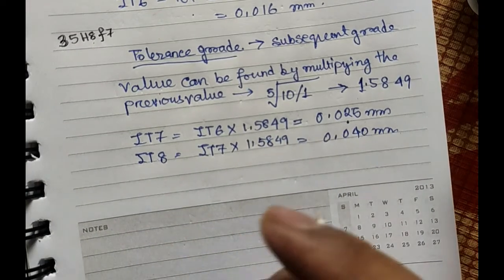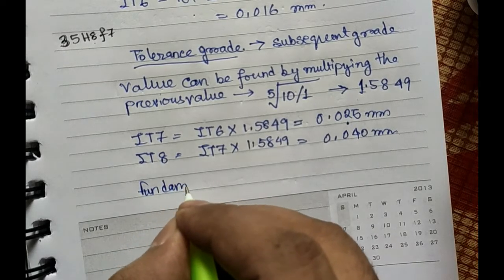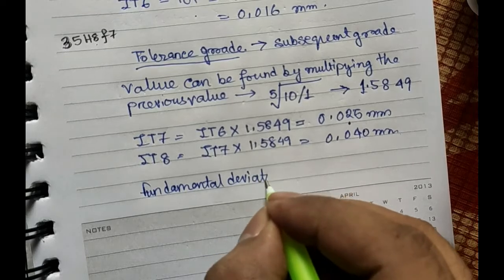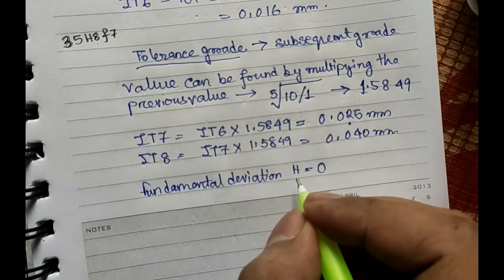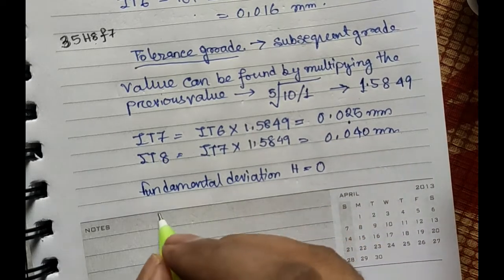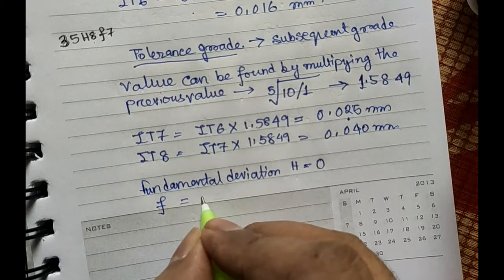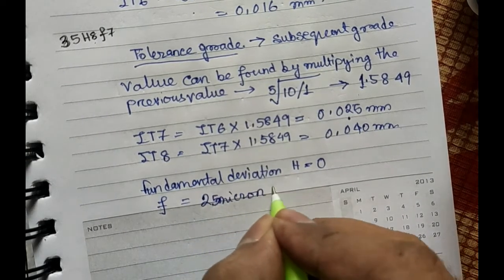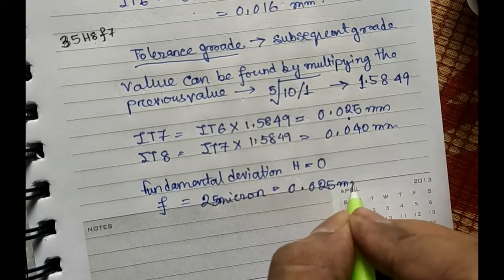The fundamental deviation for H is 0, we know that, and for F the value is 25 micron, that means 0.025 mm.